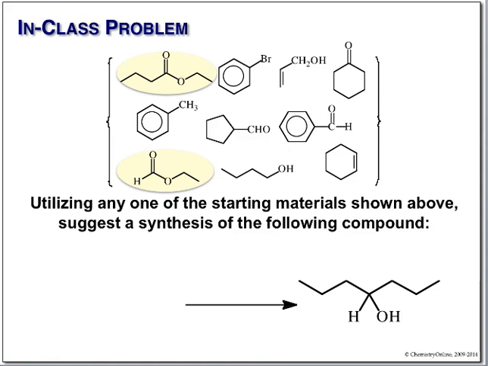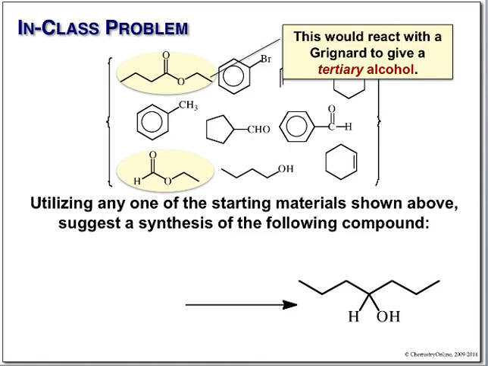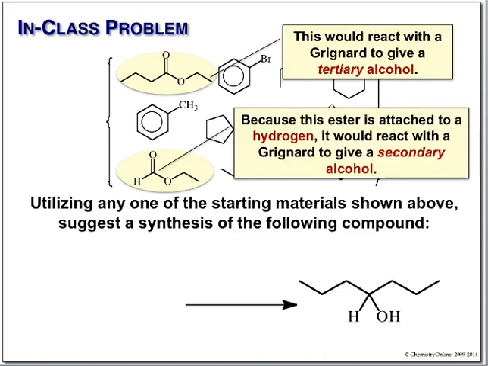If we use this guy up top here, we would lose the ethoxy group, right? But this 3-carbon chain would still survive, and that would give us a tertiary alcohol. So that one's out. However, if we use this guy, because we have a hydrogen attached, it's a formate ester, we will lose the ethoxy, but the hydrogen will be this hydrogen in our secondary alcohol.